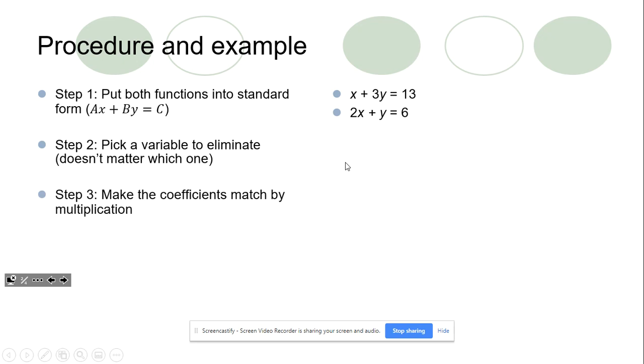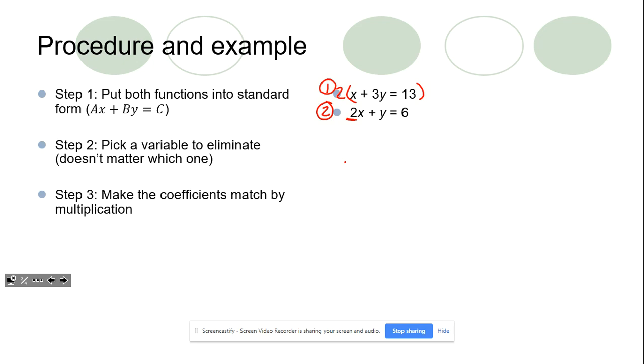So, in other words, if this is equation number 1 and this is equation number 2, I'm taking a look at my x coefficients in both. I want to make these match. So for the top equation, since the bottom one has a 2, I'm going to multiply this entire equation by 2.